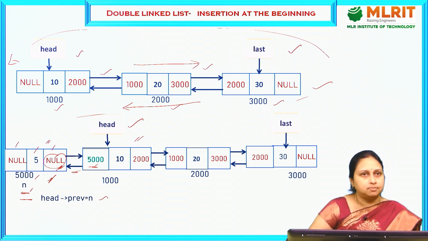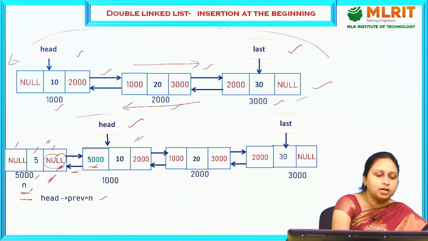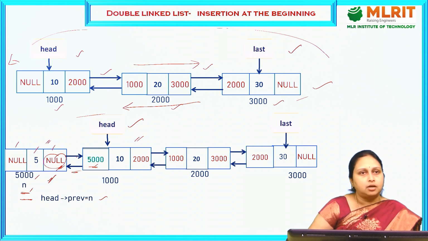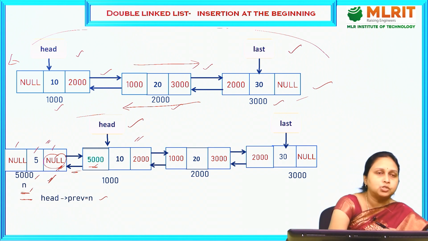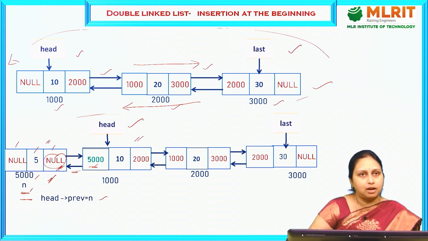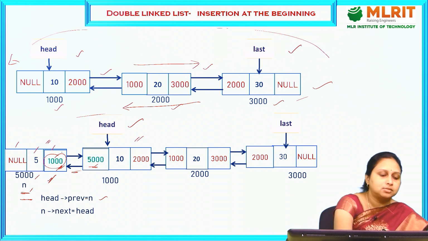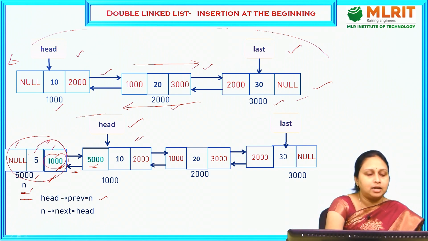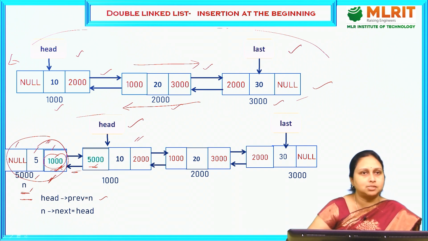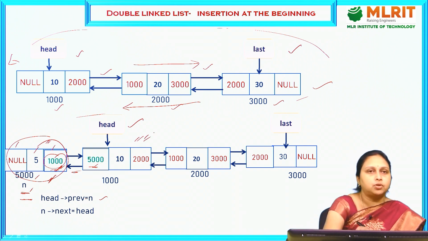And then we are going to have a forward connection, and now we are going to store the address 1000 in this location, which is null. In that case, since the name of this node is n, n arrow next, this location representing next, equal to head, because the name of this node is head.